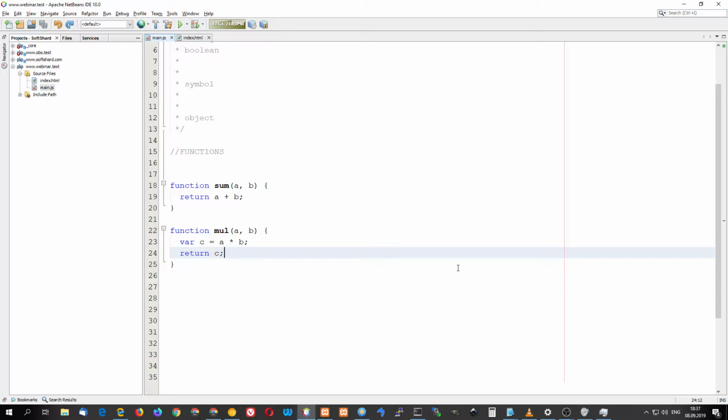So how do we call it? Well, we can call it directly, sum and those two parameters 1, 5. So this calls this function. A becomes 1, B becomes 5, and returns the sum of those numbers.